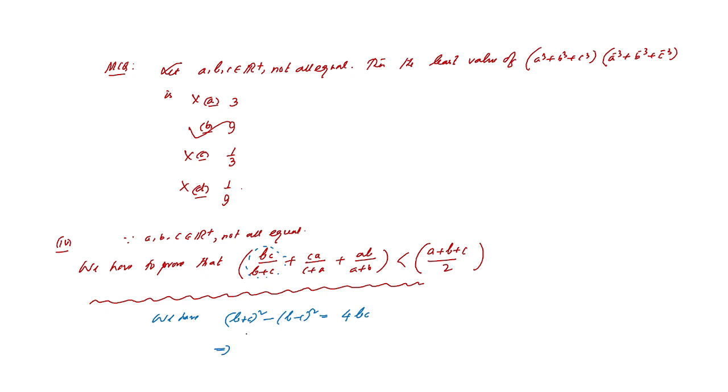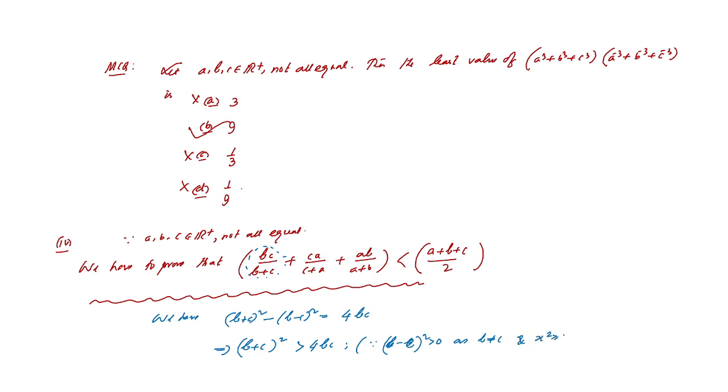And for B plus C, from that we can write B plus C whole square is greater than 4BC. Equality does not hold because they are not equal. So only the strict symbol will continue. Why? Since B minus C whole square is always greater than 0 as B is not equal to C.